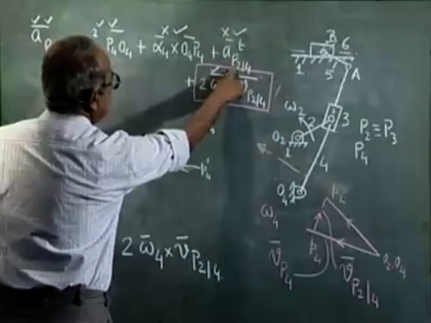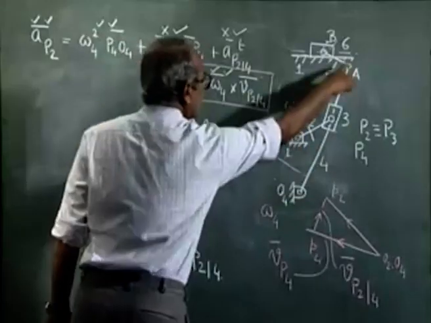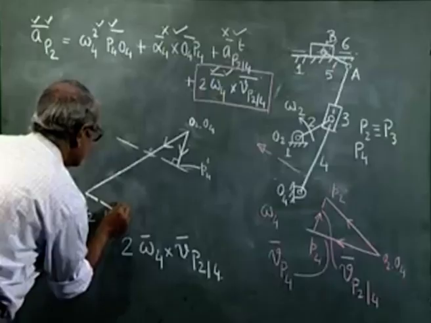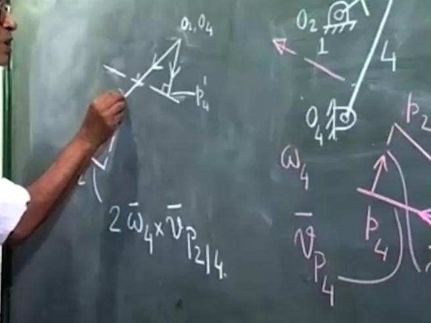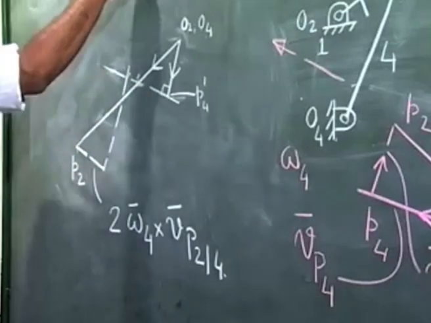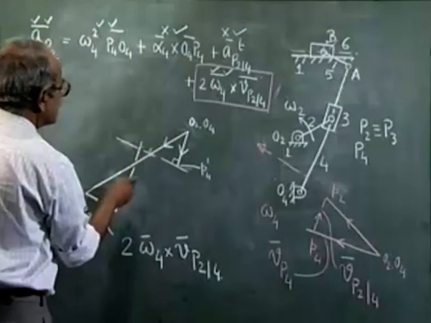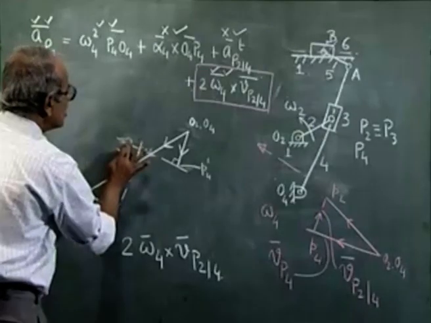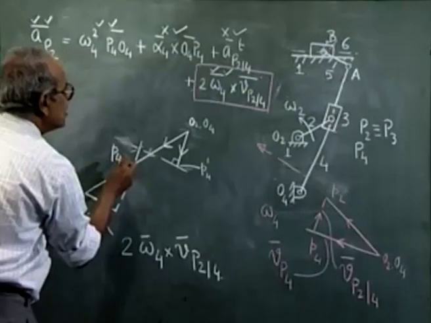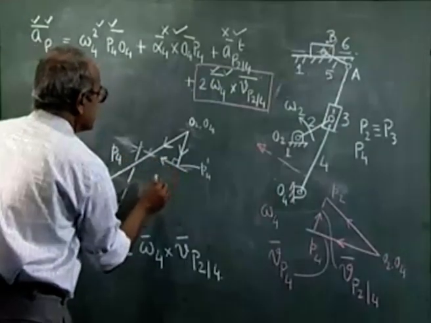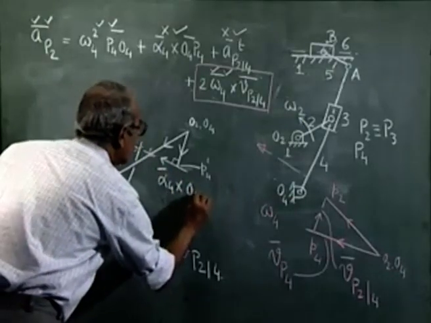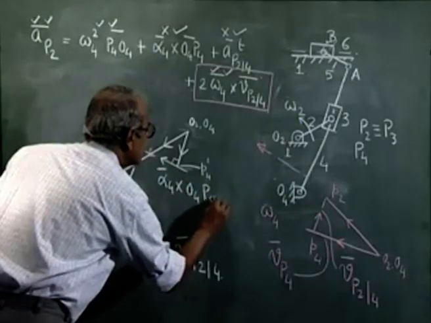Now this term AP24 tangential is along O4A. So from this point I draw a line parallel to O4A, and this line and the line we had drawn earlier to represent this vector intersect here. So this point I can call P4. This vector is alpha 4 cross O4P4.